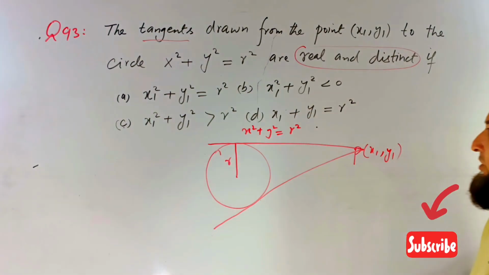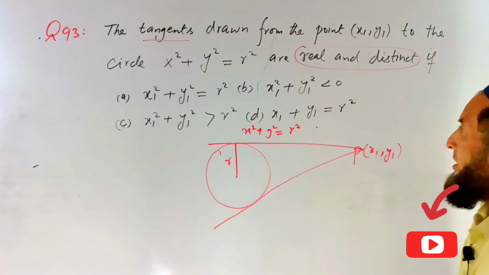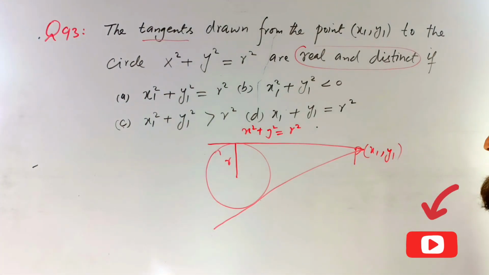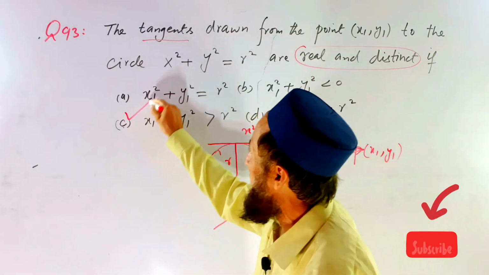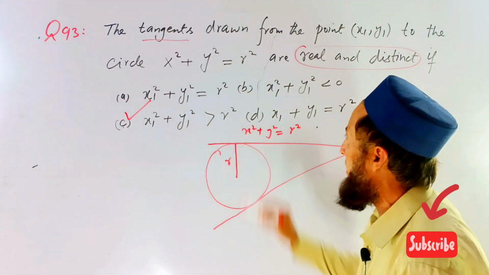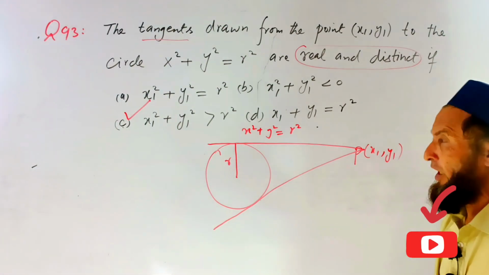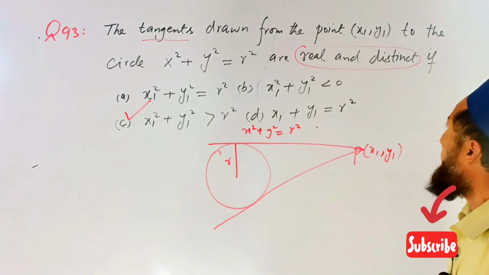So what is real and distinct? Real and distinct means that x1 square plus y1 square is greater than r square, just like the discriminant we use in an equation.